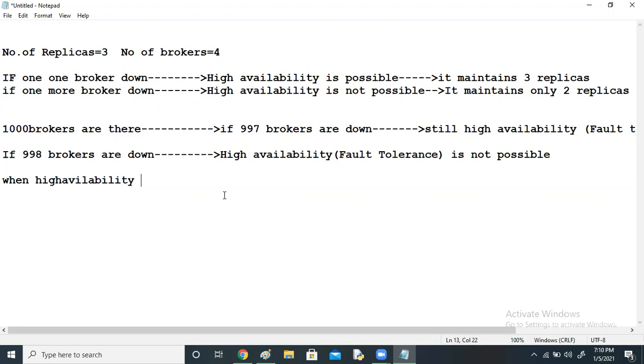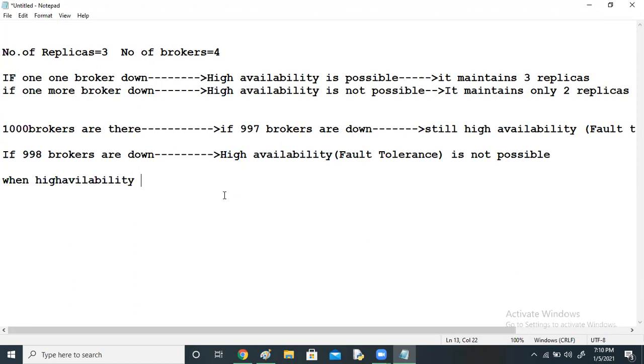Three replicas means, for example, you have 10 systems. In 10 systems you are maintaining 3 times replication, which means in three systems you are maintaining it. For example, think that system one is down.